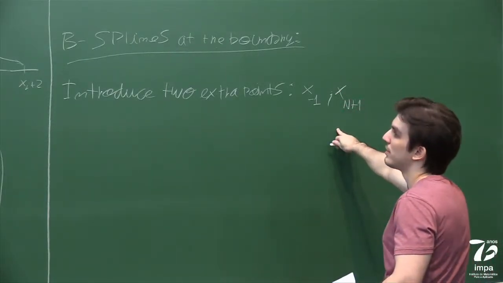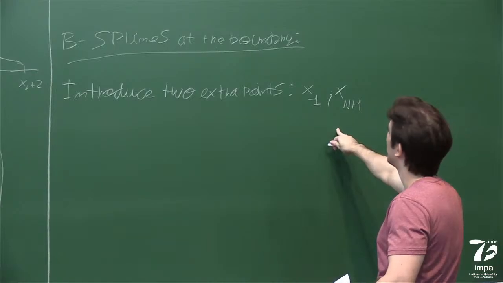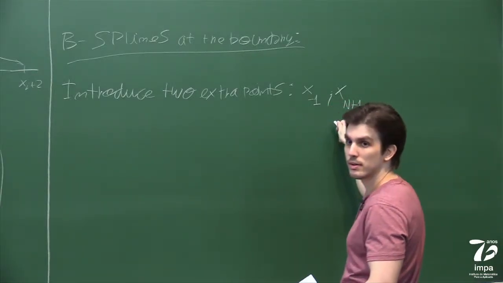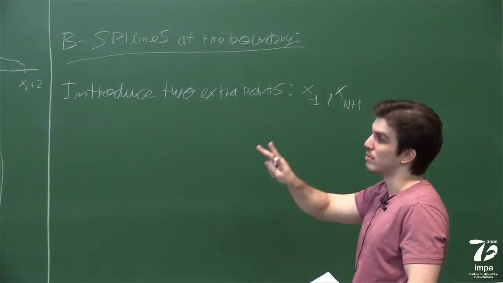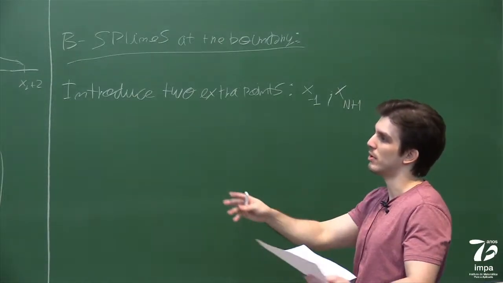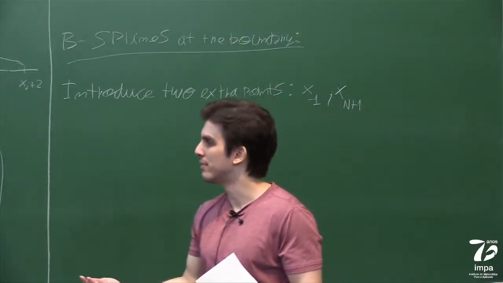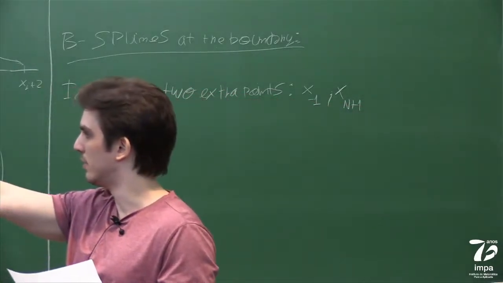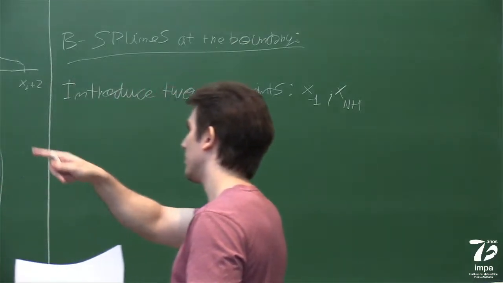And then we consider the B-splines centered at each of these points. So we have 2 extra B-splines associated with the interval [a, b], in addition to the ones we had before, the sj.